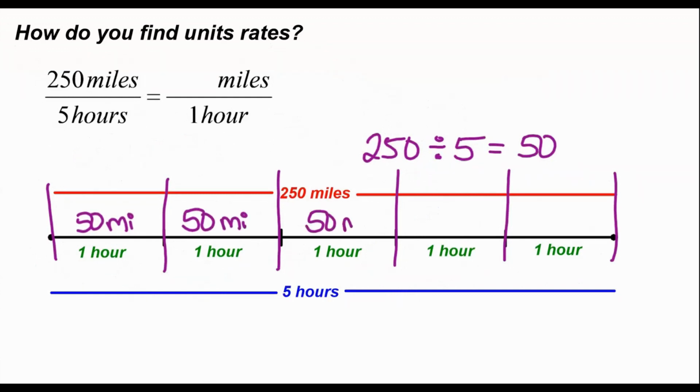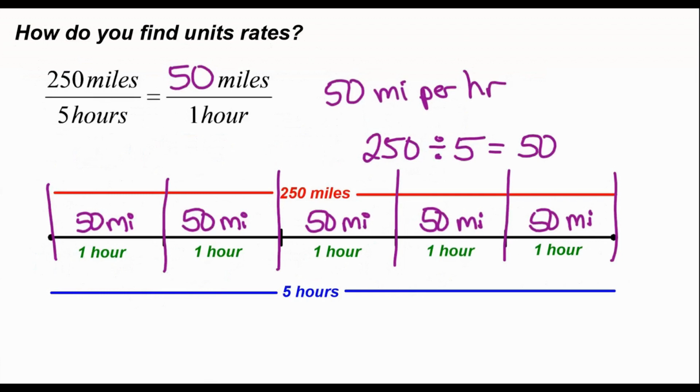So our unit rate is 50 miles every hour, or 50 miles per hour. So we have taken that rate and turned it into a unit rate. So now we know that we are traveling 50 miles per hour. Sometimes we use the word per there, or sometimes you might see it written this way, 50 miles slash hours, 50 miles per hour. Two ways to write that unit rate.